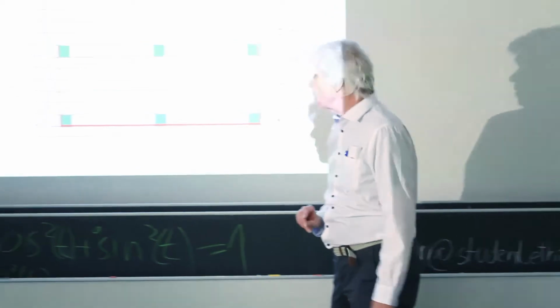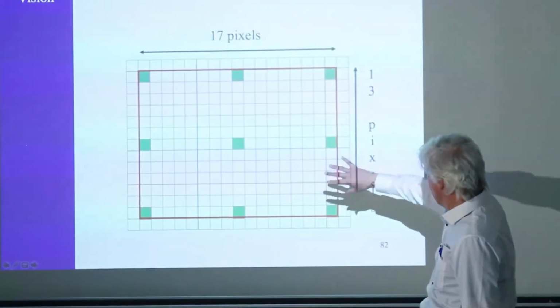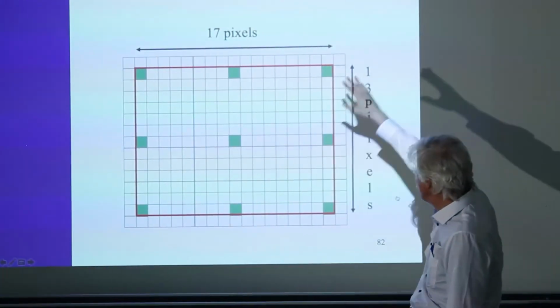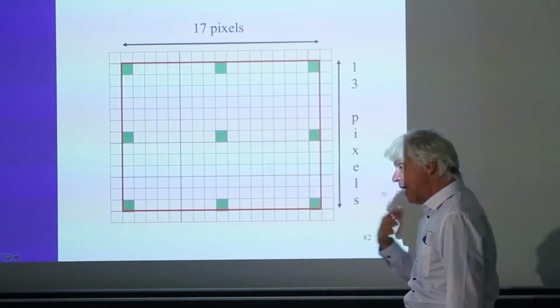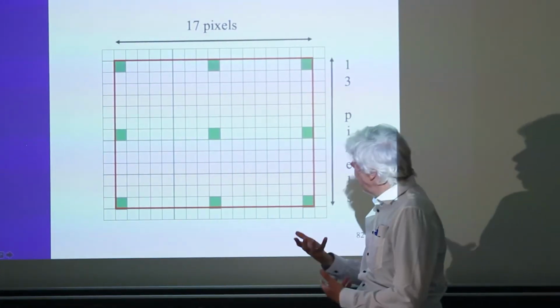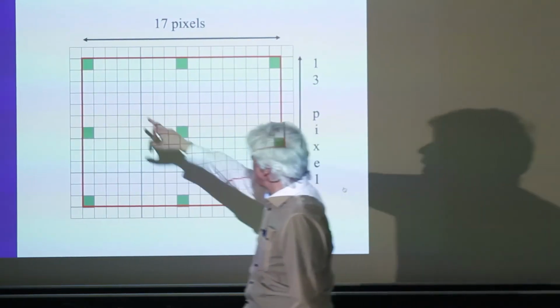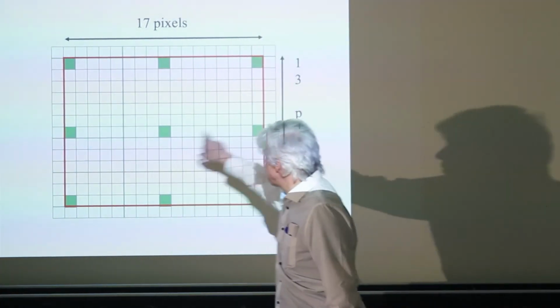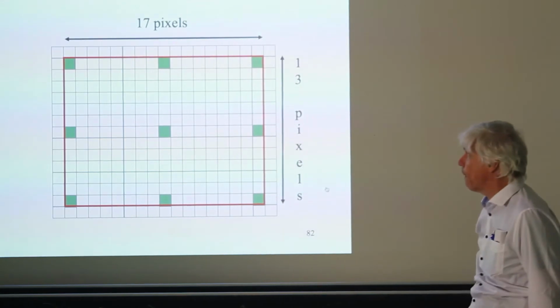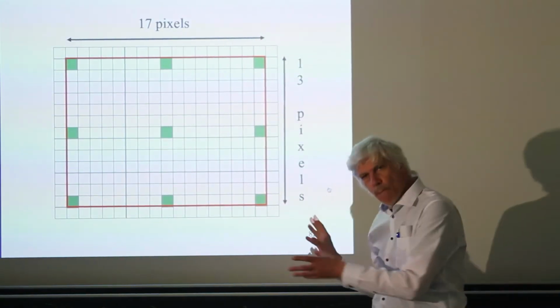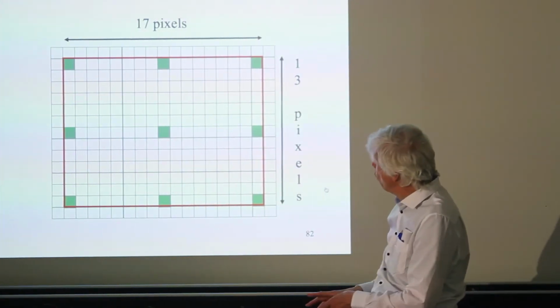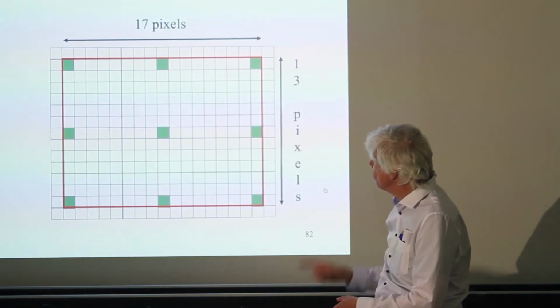So what we do is, rather than being interested in information 17 by 13 pixels and generating a convolution filter for the same dimensions, we only look at the green places here, the green positions in this convolution filter. So the red thing still is one period, but we will only look at these 9 different intensities.